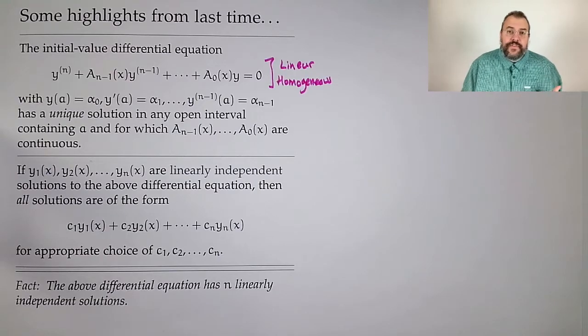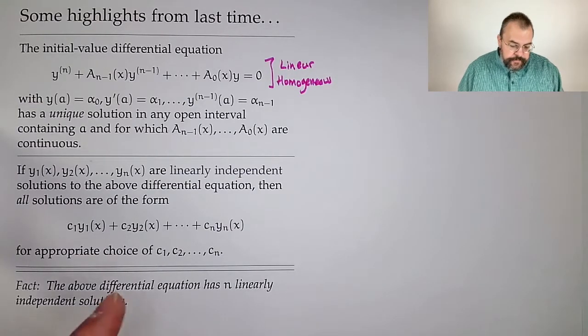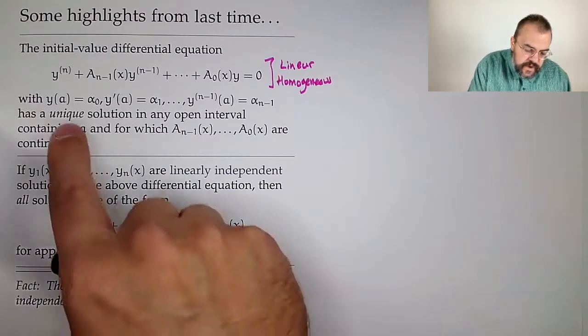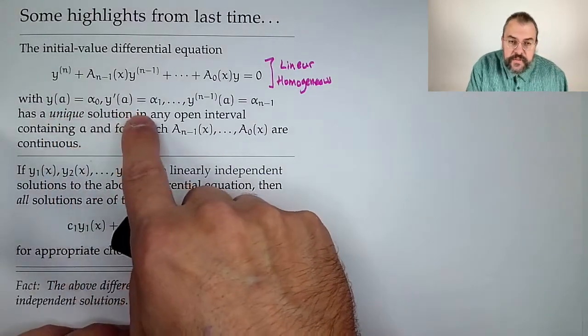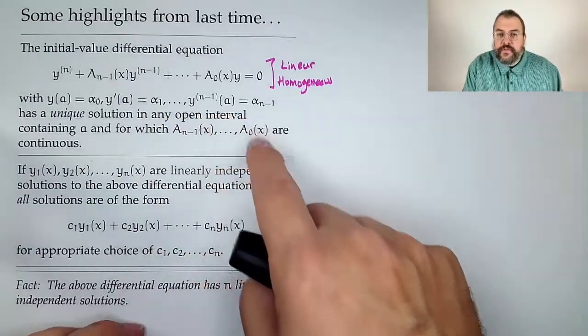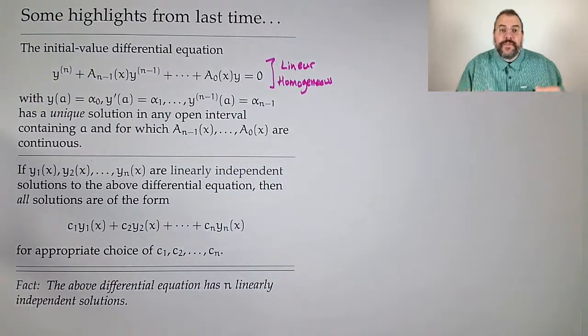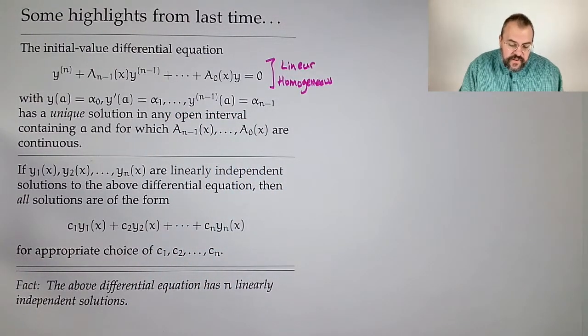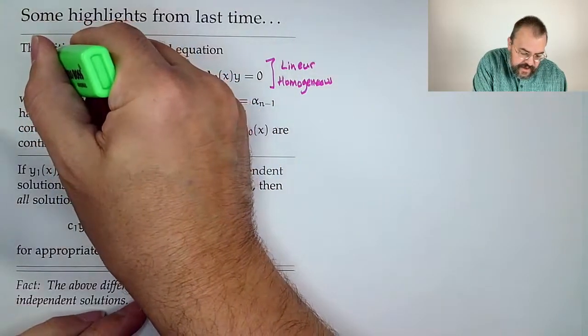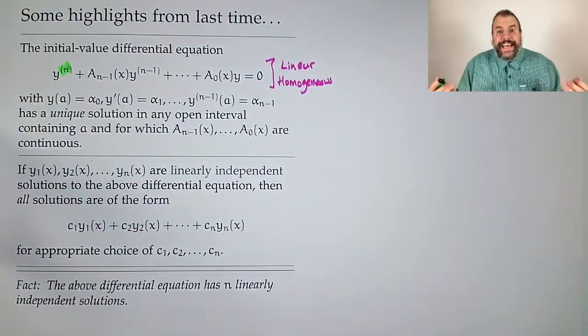We also have some initial conditions. In particular, we know the value of the function at a point, the value of the derivative of the function at that point, and so forth, till we get to the n minus first derivative. Now, how many initial conditions are there? You can actually tell how many we should have. We have n.